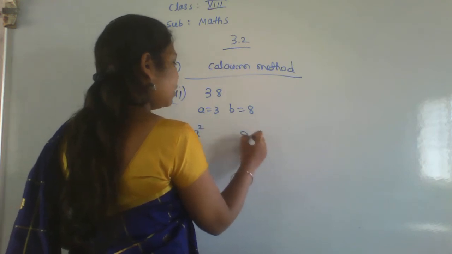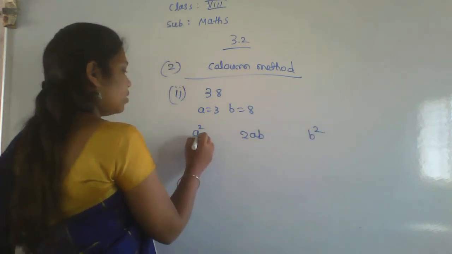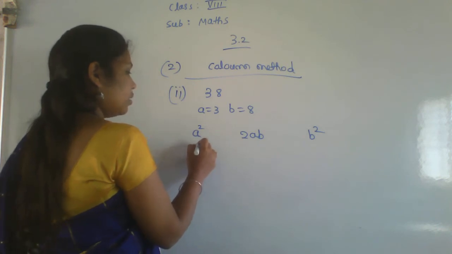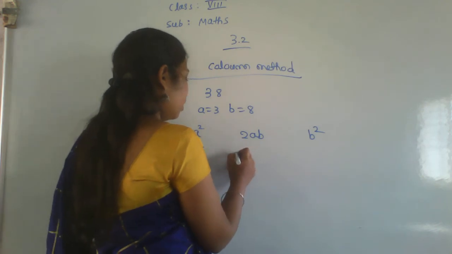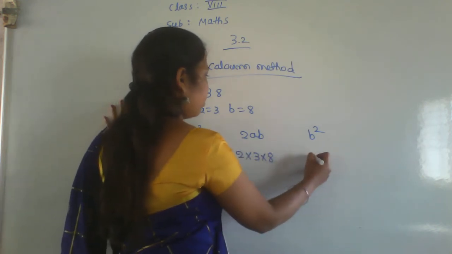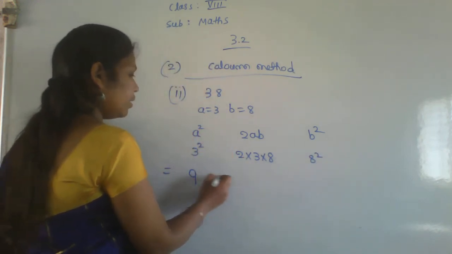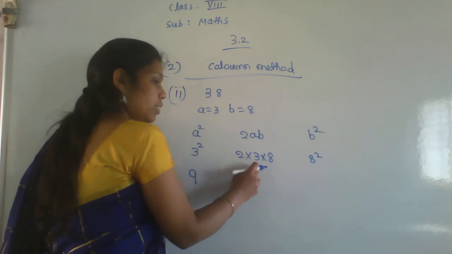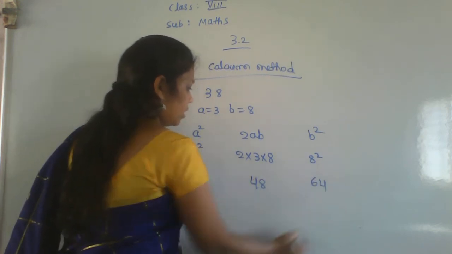Here A square, here 2AB and here B square. A square is 3 square, next 2 into A into B, and B square is 8 square. 3 square is 9. Here 2 into 3 is 6, 6 into 8 is 48, and 8 8s is 64.